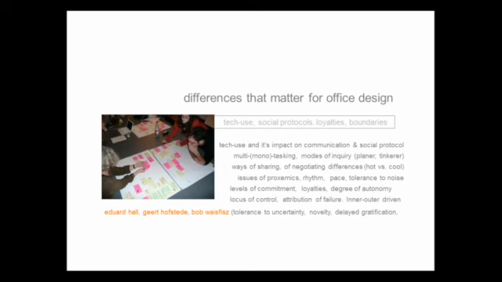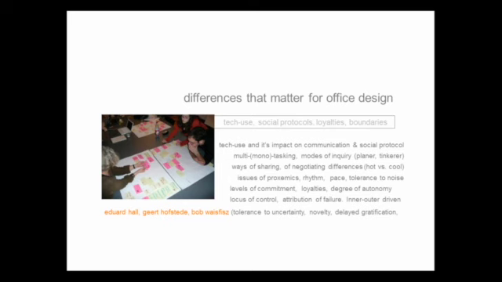Issues of proxemics, which has to do with positioning and distancing oneself, of rhythm, of pace, tolerance to noise, levels of commitment and loyalties, how solid and how long-lived are the groups that one wants to participate in. Like for the geeks, sometimes they are very quick at creating groups, but they don't have loyalties over time. So the groups form and undo very quickly.